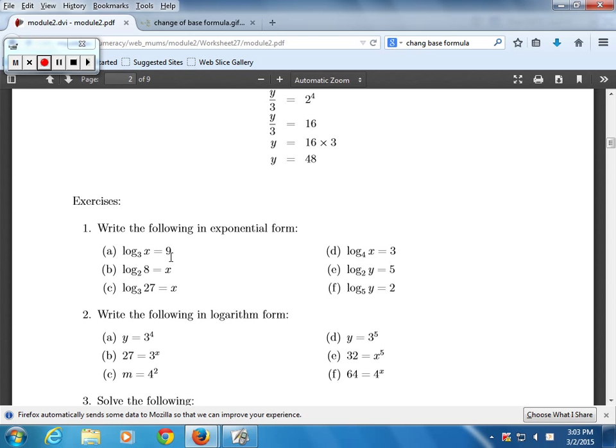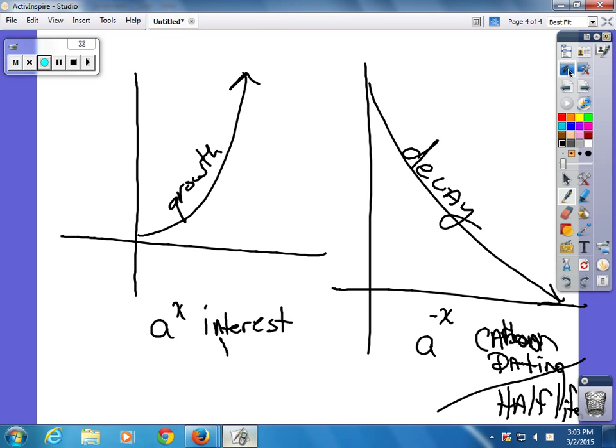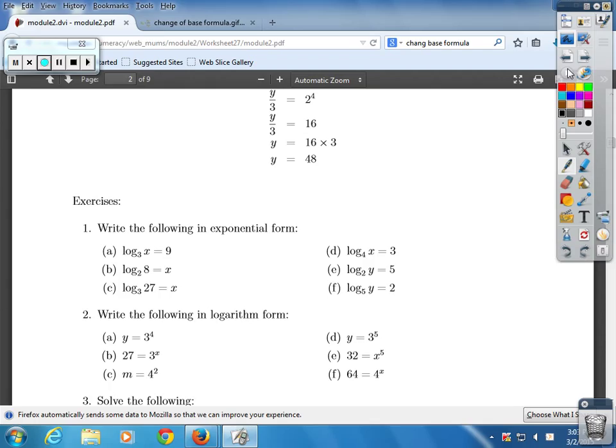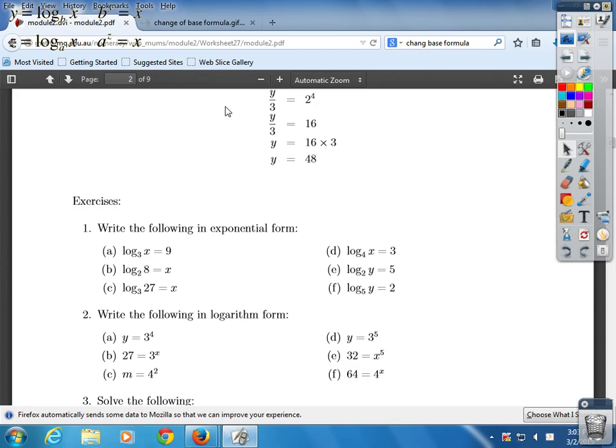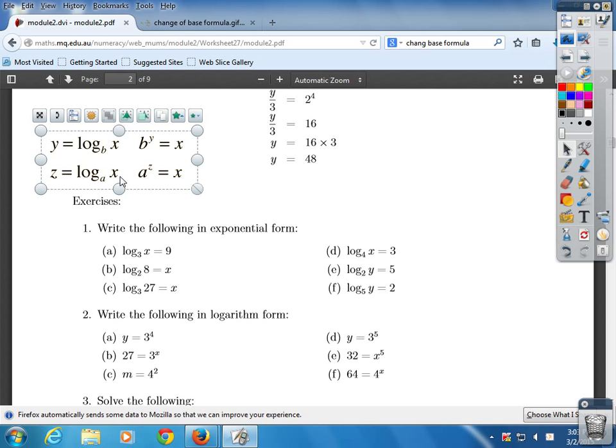Before I do, though, let me pull up my handy dandy. Okay, so I don't use this one, I use this one.